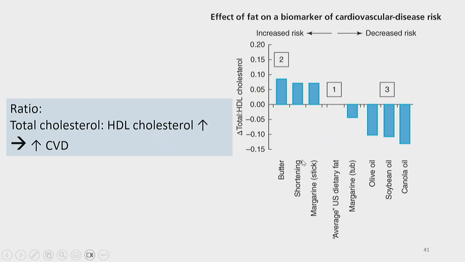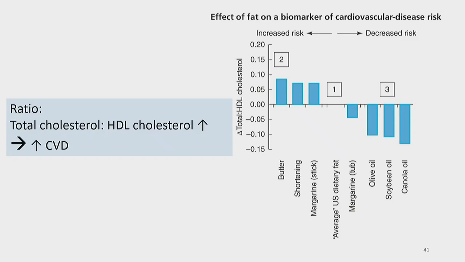And when they replace the fixed amount by stick margarine, butter, and shortening, which are rich in saturated fatty acid, the ratio of total cholesterol to HDL increases, which means increased risk of cardiovascular disease. Clear?